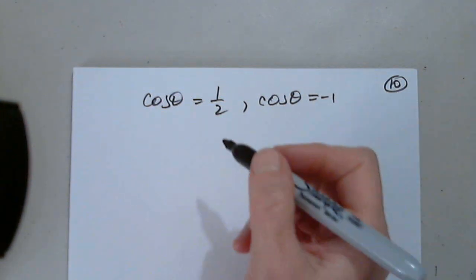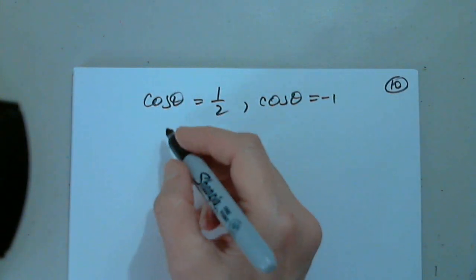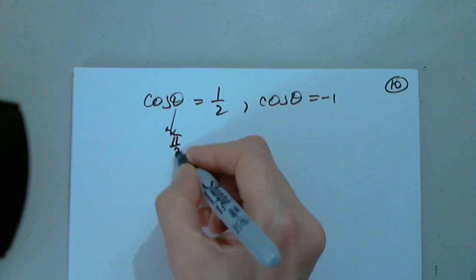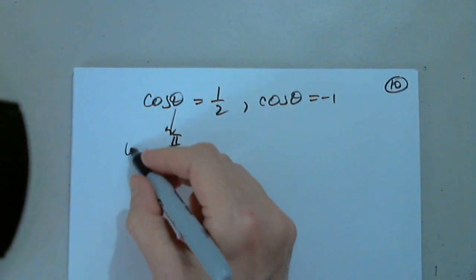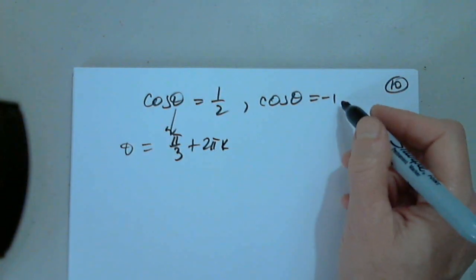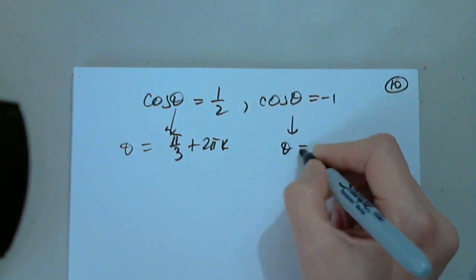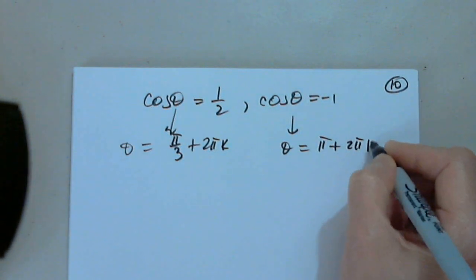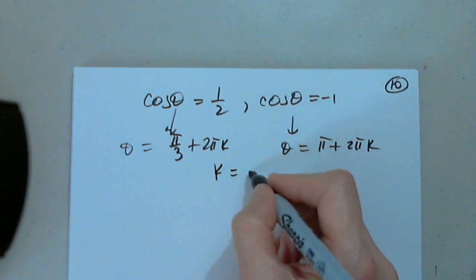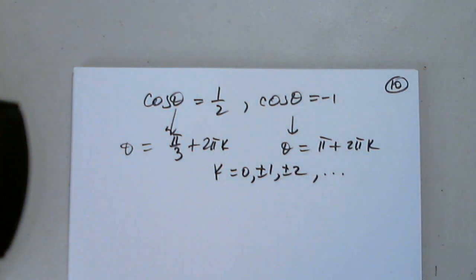When cosine theta is 1/2, we know that the angle is pi over 3. So theta will be pi over 3 plus 2 pi k. And we know that cosine is negative 1. It's just one value, right? So theta will be pi plus 2 pi k. Remember, k is an integer: 0, plus or minus 1, plus or minus 2, and so on and so forth.